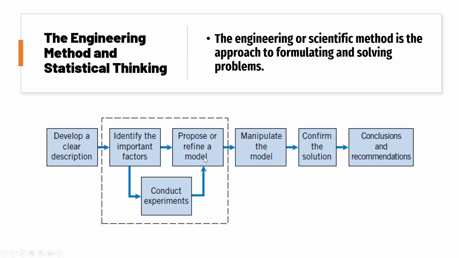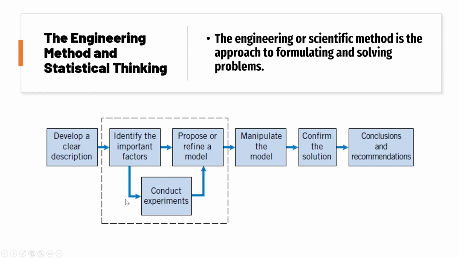So in order to validate your proposed model and how it affects or solves your problem, you need to conduct experiment. So that is part of our discussion today. How do we conduct experiments? Afterwards, we refine the model on the basis of the observed data.